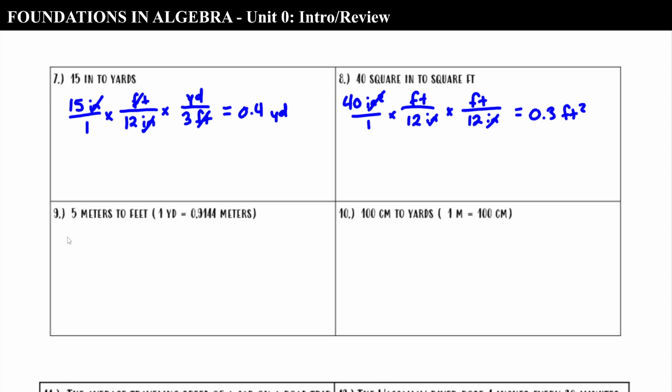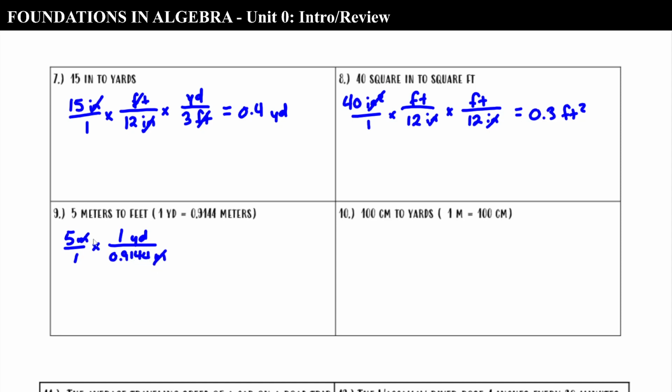5 meters to feet. We're told that 1 yard is equal to 0.9144 meters, so let's start with that. 1 yard is 0.9144 meters.